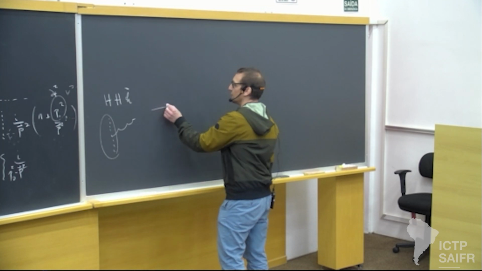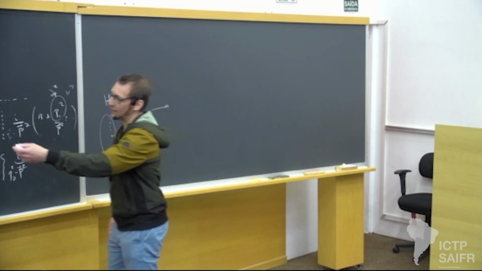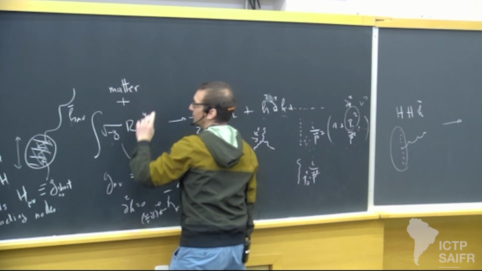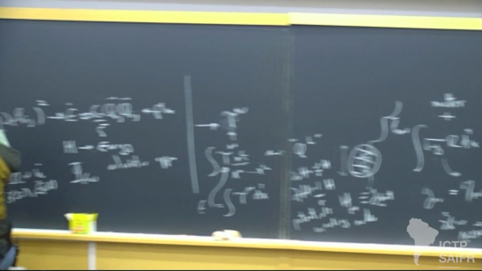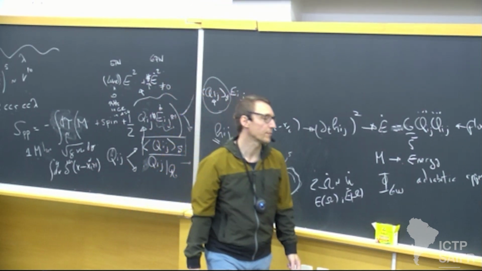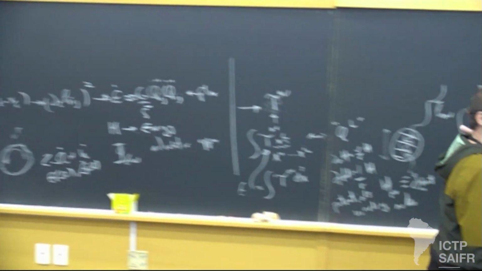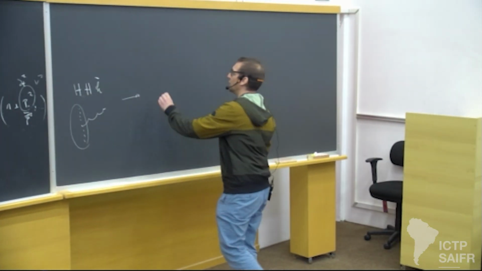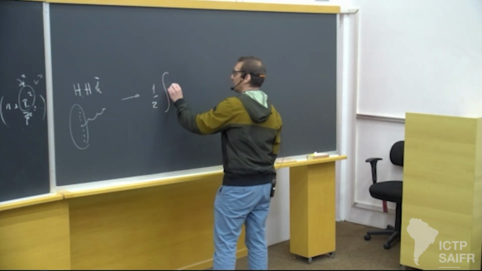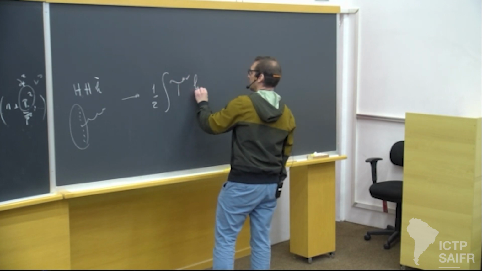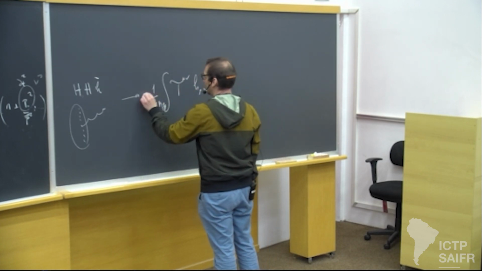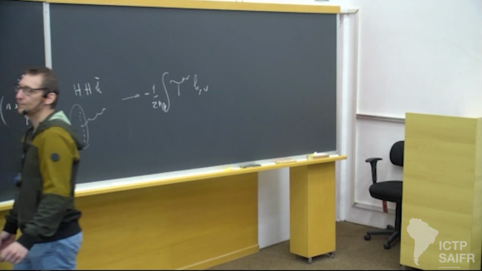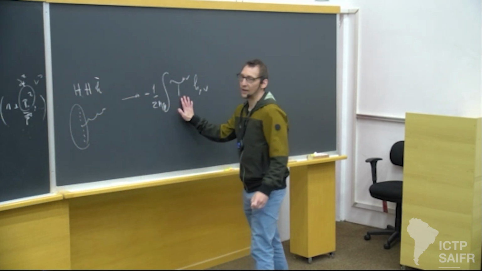And therefore, if I take this action plus matter, and who is matter? This guy. That guy has a T mu nu, but that's not the end of the story, because this also produces a contribution to my T mu nu. And therefore, at linear order, I'm going to get a coupling to this T mu nu, and if I was careful, I would have put here the Planck's, and that would be my coupling.